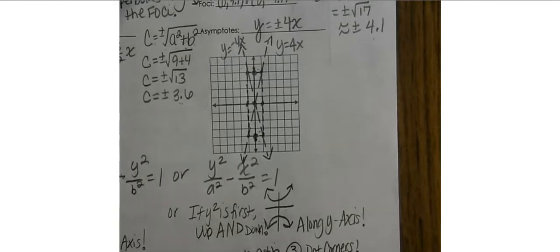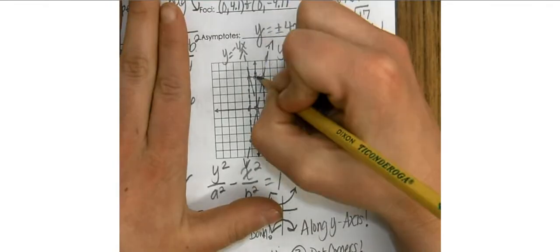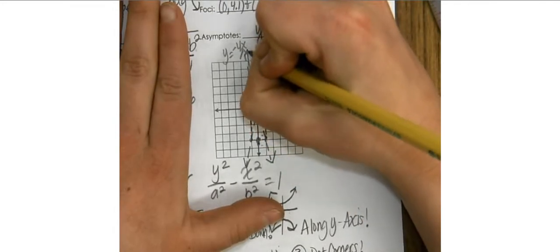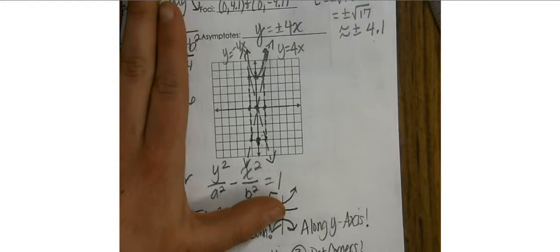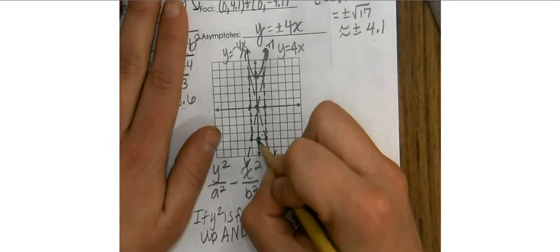Now that I have everything drawn, I'm going to start at my actual vertex, and I'm just going to follow along, making sure I don't cross. I got pretty close right there. I don't cross my axes. So I'm going to follow along, making it kind of curvy at the top. So there's one hyperbola.